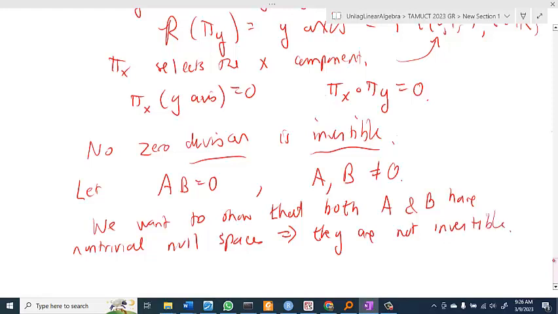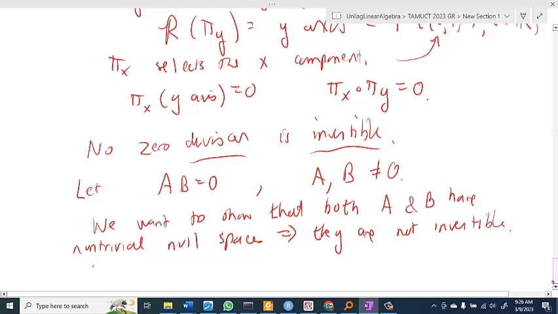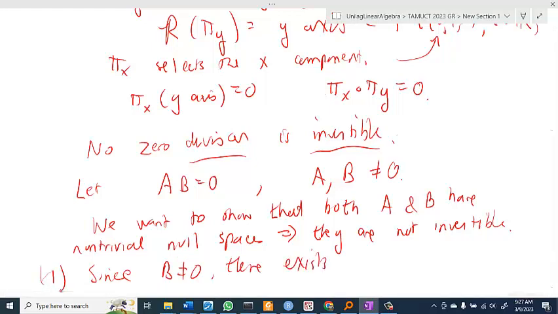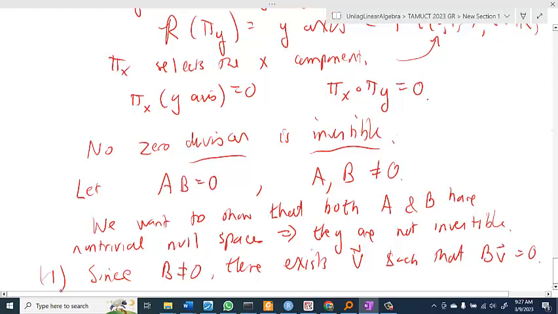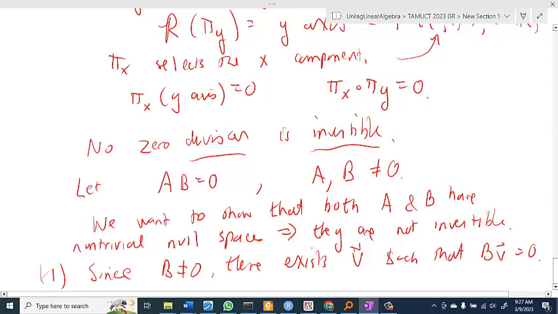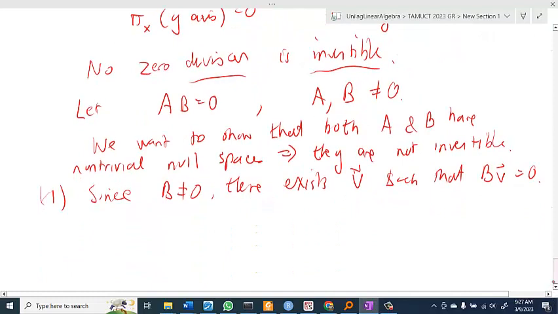All right, so let's take them one at a time. First, since B is not 0, there exists a V such that BV is not 0. Otherwise, if B maps everything to 0, then B is the zero map.